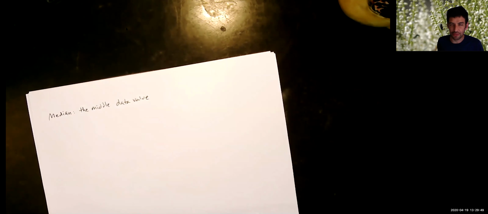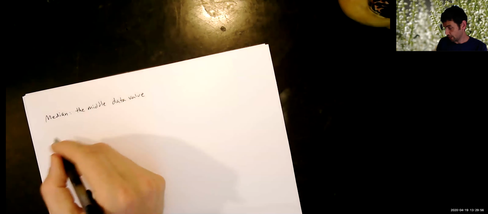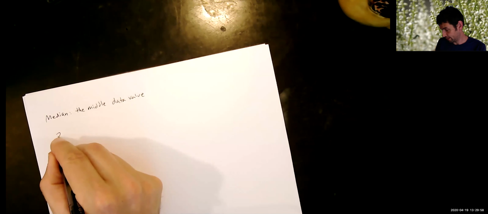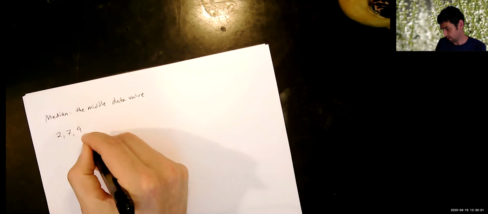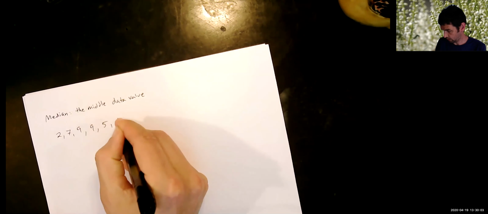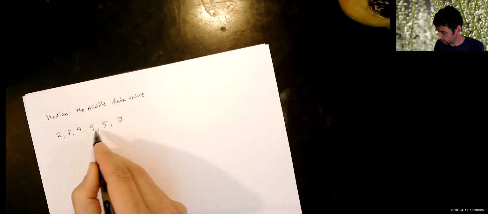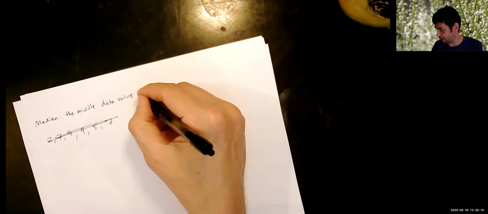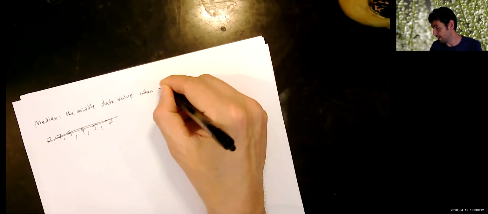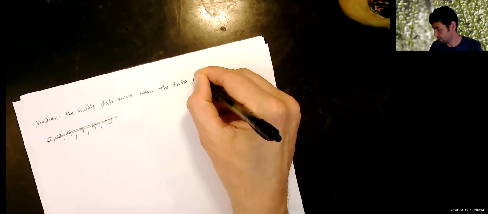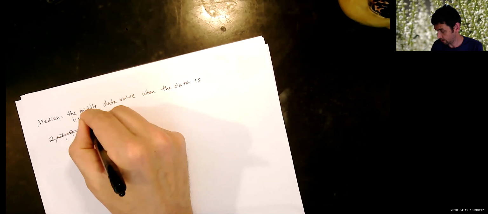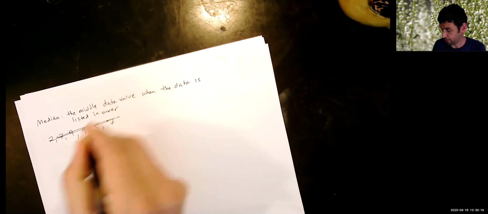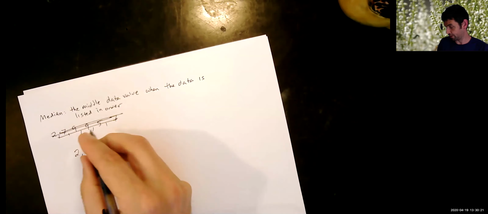But we have to be a little careful. This is kind of an imprecise sentence. I'm just going to illustrate what I mean precisely by an example. Sorry, I need to put it in order. It's got to be the middle data value when the data is listed in order.